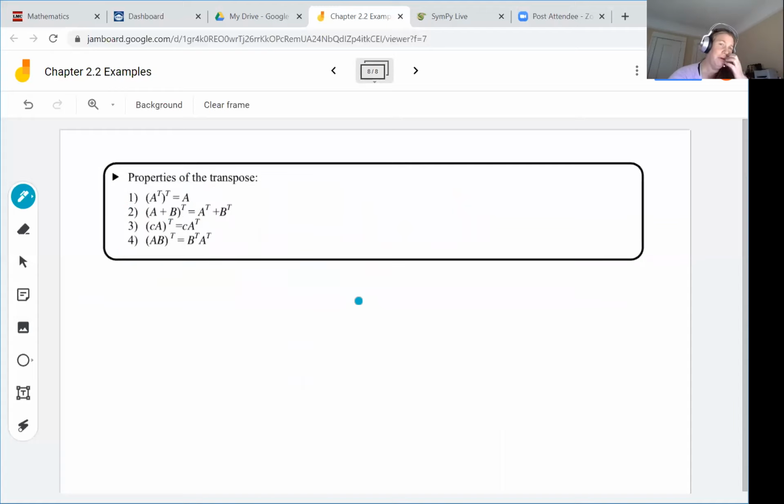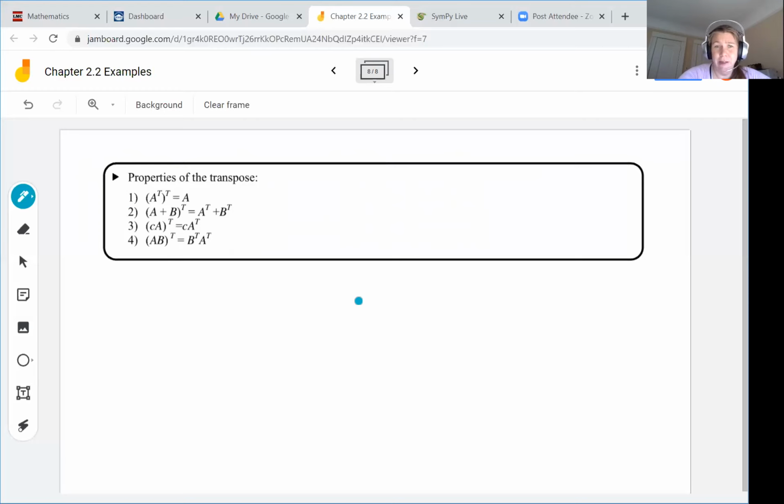So here are the properties of the transpose. If you transpose the transpose, you just get the matrix itself back out. The second property is that if you add matrices and take the transpose, that's the same as if you transpose each matrix and then add them up. The third property is scalar multiplication. If you multiply the matrix by a scalar and then take a transpose, that's the same result as if you transpose the matrix and then multiply through by the scalar.